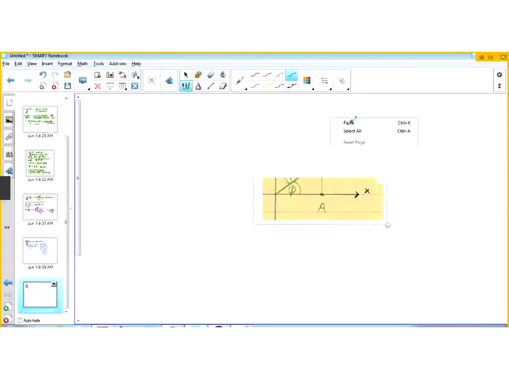Stand by, I'm preparing a drawing. All right, so consider this drawing.